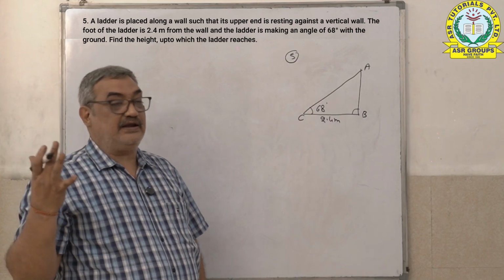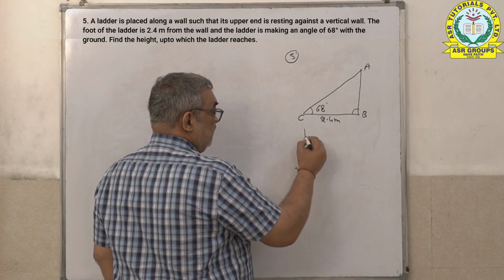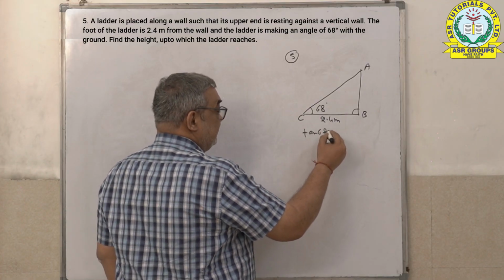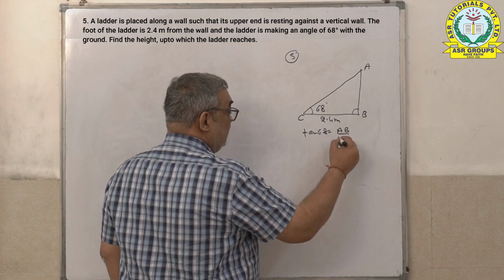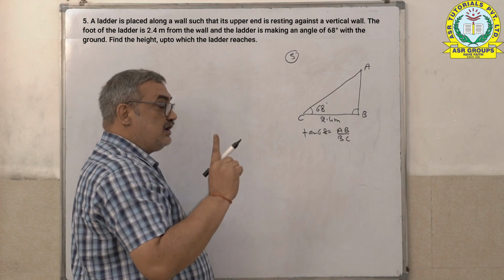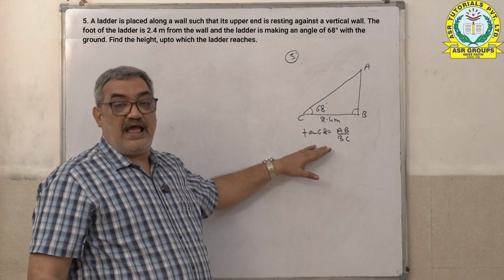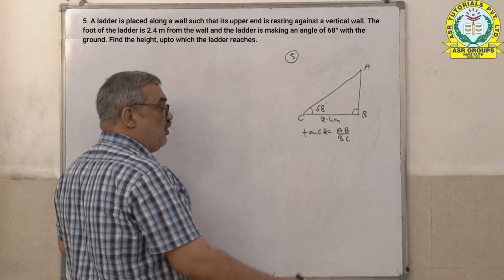Again I'll use tan. So, tan 68 is AB upon BC. You see the logbook, because this is not the standard angle. You know how to see the logbook.